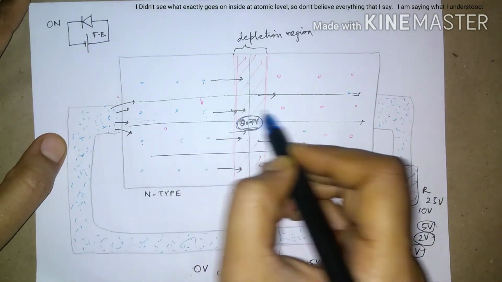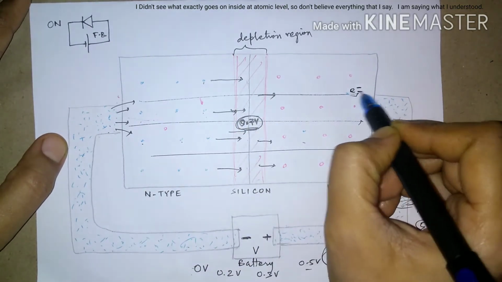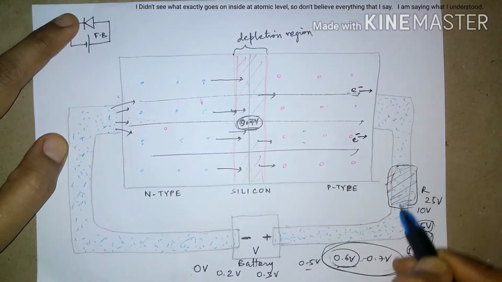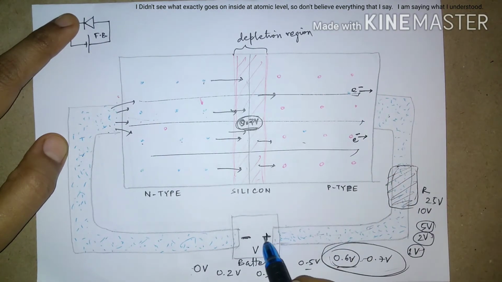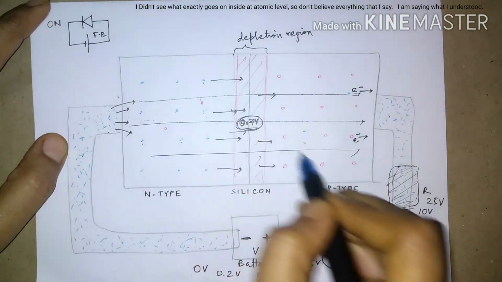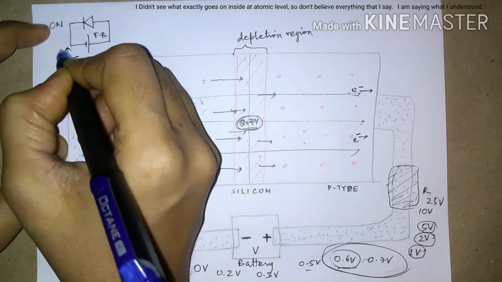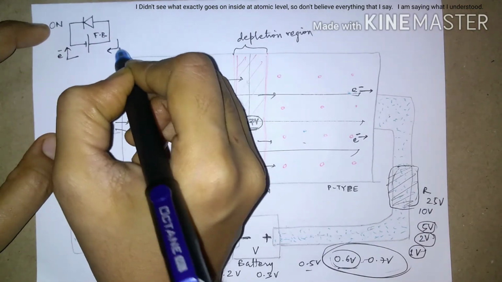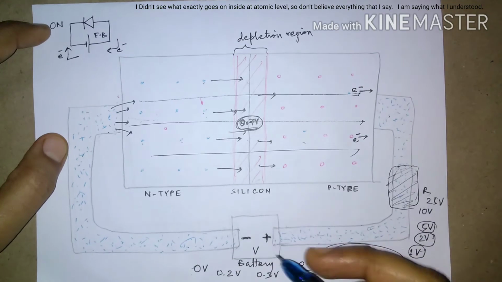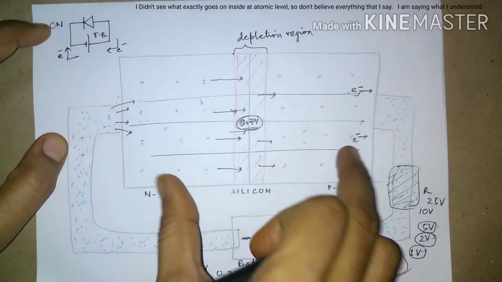When electrons are moving in this direction, all these electrons are getting attracted by the positive terminal. That is how electrons move here. So electrons move in this direction through the silicon. How do the holes move within this semiconductor?